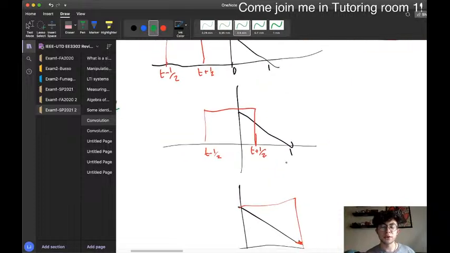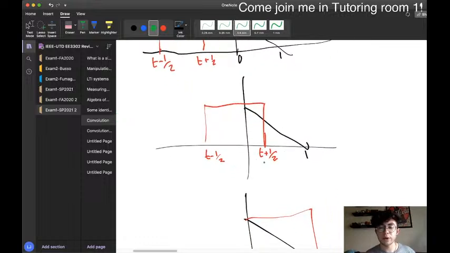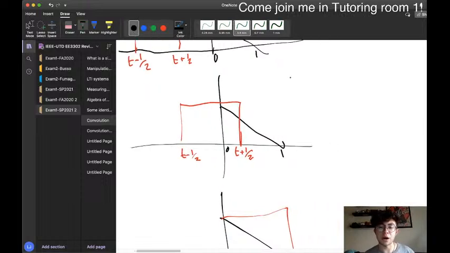And then notice that now our right endpoint is going to be above 0. So let me write those same inequalities. I was writing those in red. So 0 is less than t plus 1/2, and we have the left endpoint.